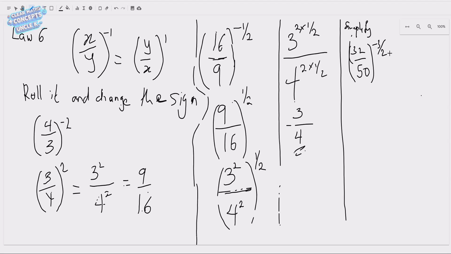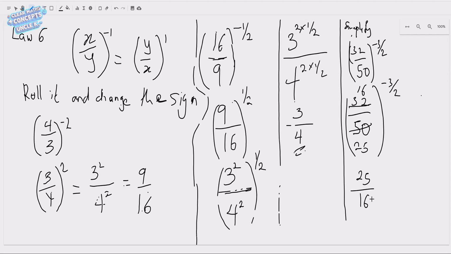So if you divide this by 2, you get 16. Divide this by 2, you get 25. So all raised to power minus 3 over 2. So now let's roll it now. Oh, that should have been the first thing we do anyway. So you have 25 over 16, and you change the sign of the power as well.